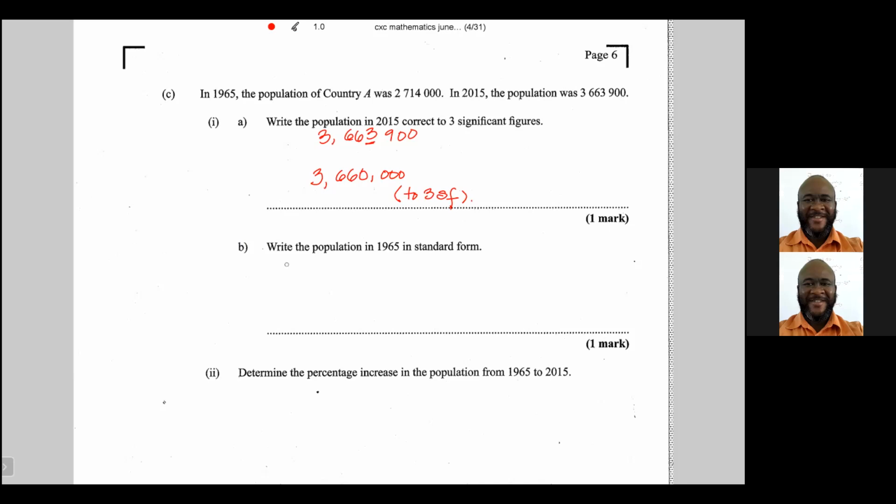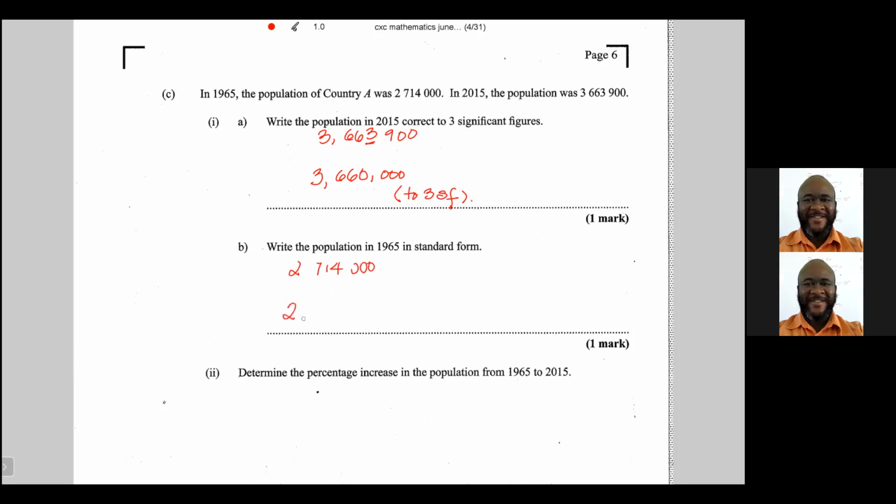Now B says write the population in 1965 in standard form. Now the population in 1965 was 2,714,000. Whenever you write a number in standard form, the decimal point must come between the first and second significant figure.